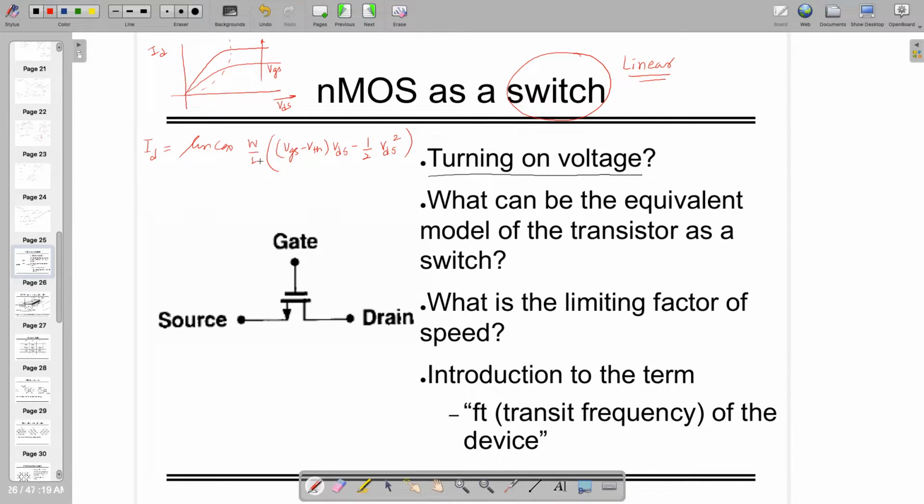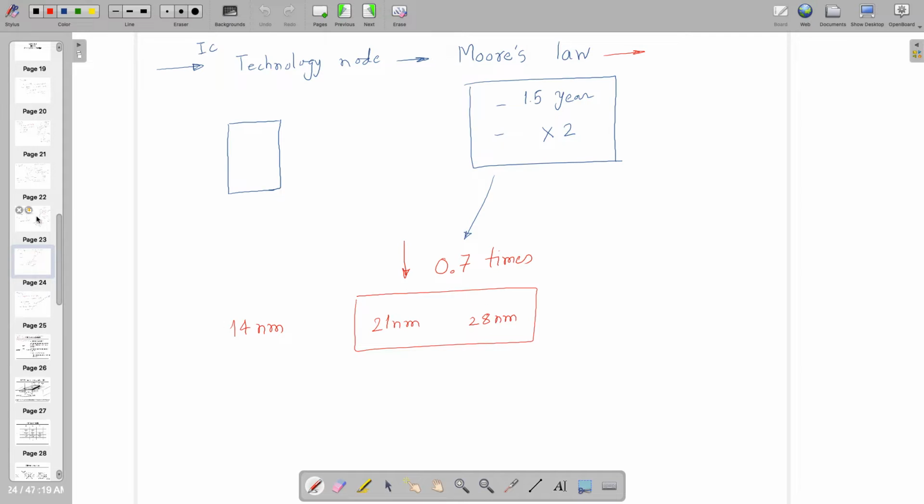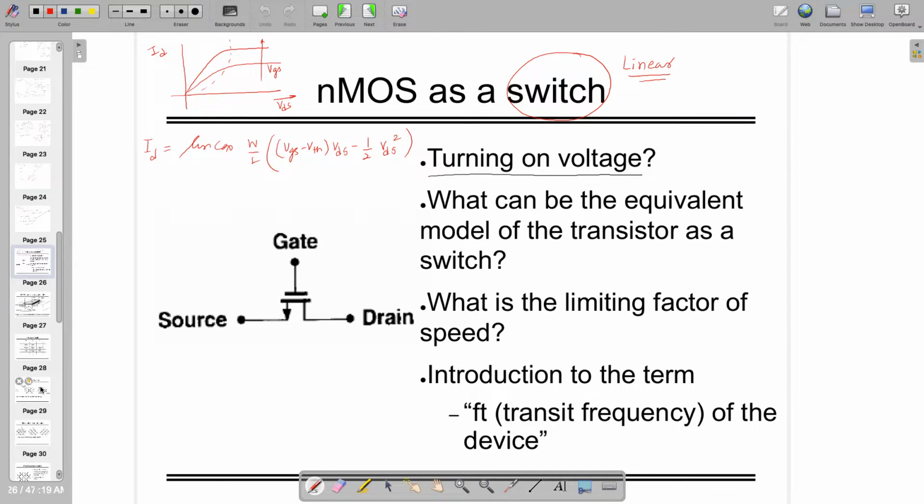Note that here W and L are the width and length of the transistor, which I have shown just now. So we are referring to this width and length. VDS is the drain to source voltage, Cox is the oxide capacitance, and mu_n is mobility. Right? So this is the symbol.